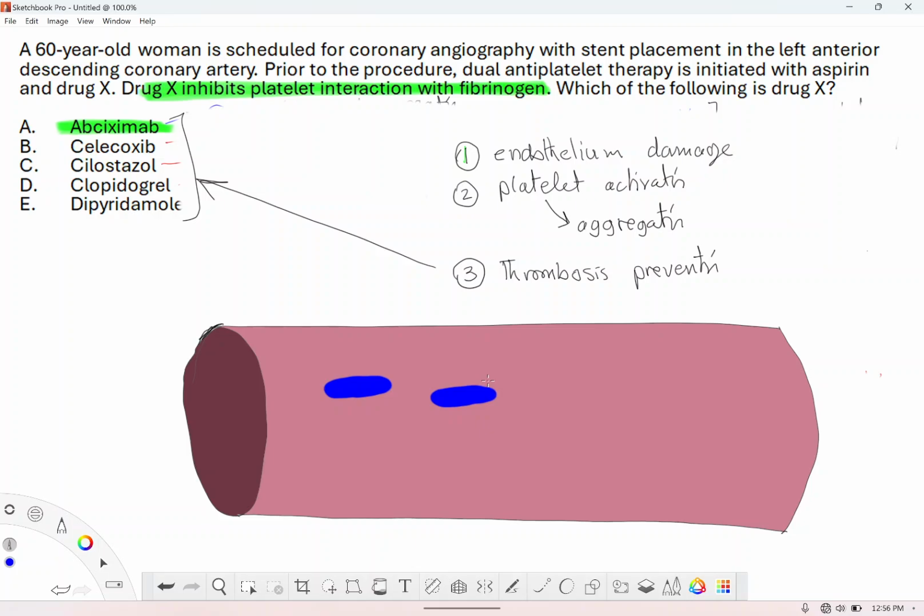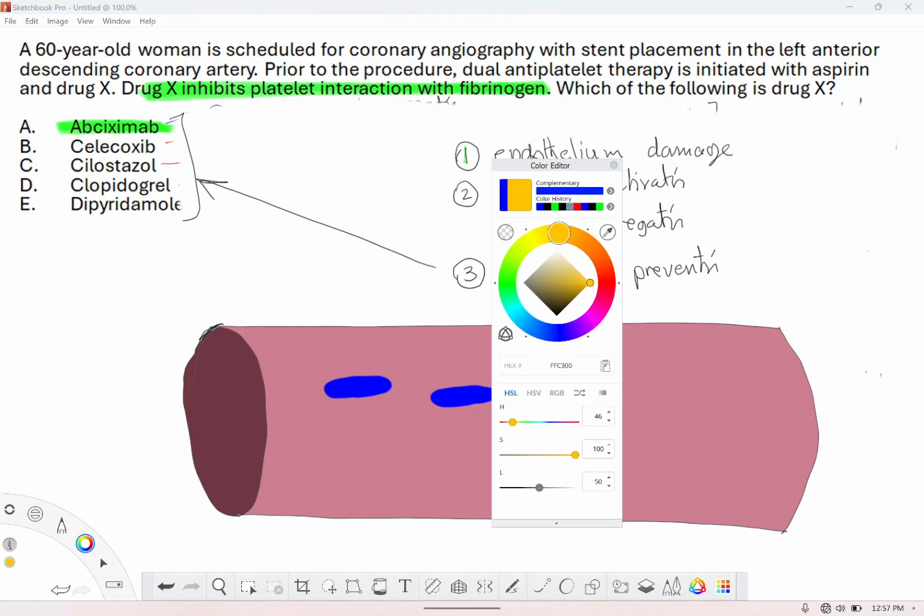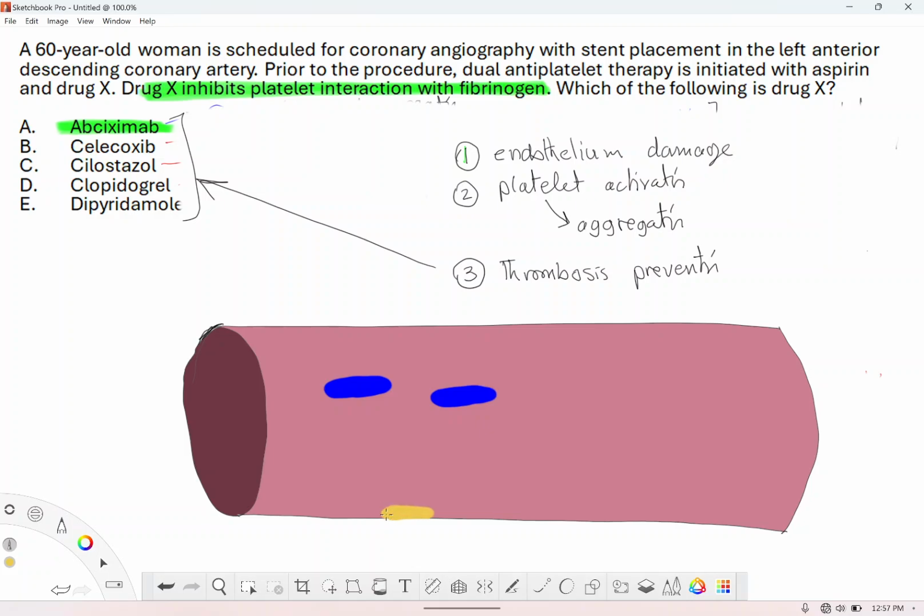So in this question, they're telling you that this person was getting a stent placed. A stent is a rigid structure, a ring that you want to use to keep the arteries open. You put a stent in those patients who already have, let's say, a cholesterol plaque. So let's say there's a cholesterol plaque right here. And you want to put a stent.